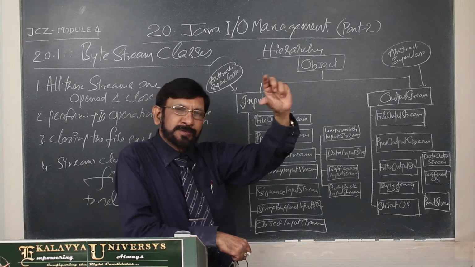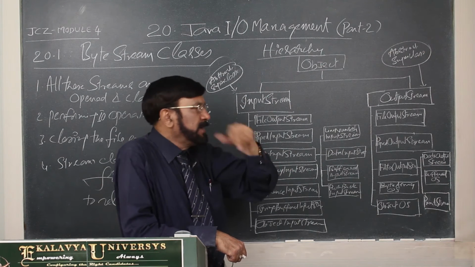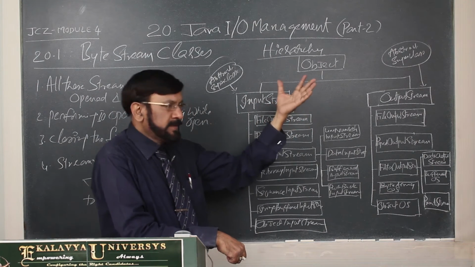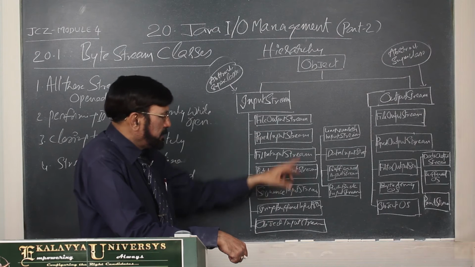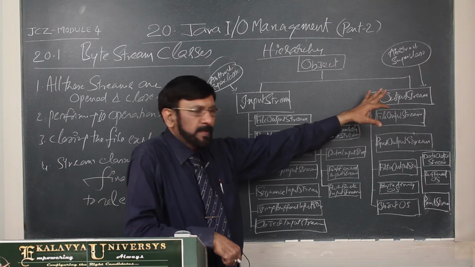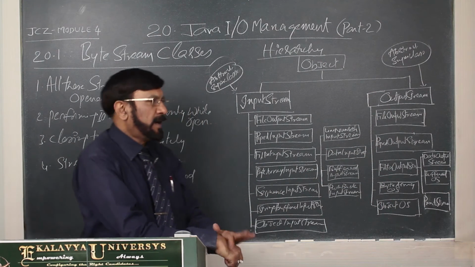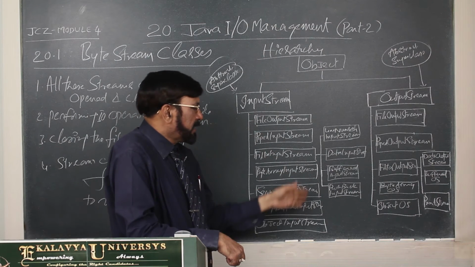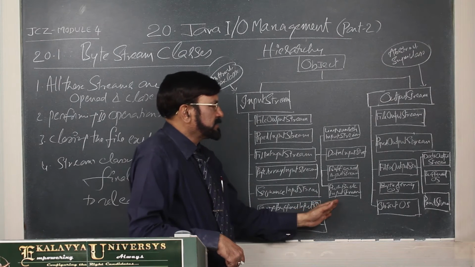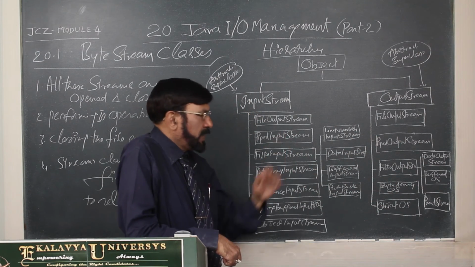How the object class is providing common functionality to all Java classes, in the same manner the input stream class provides all the basic functionalities required by all the subclasses. In the same manner, the output stream class provides all basic functionality required by all the subclasses, and that is one aspect. These are all concrete subclasses, and in this you find a lot of commonality.